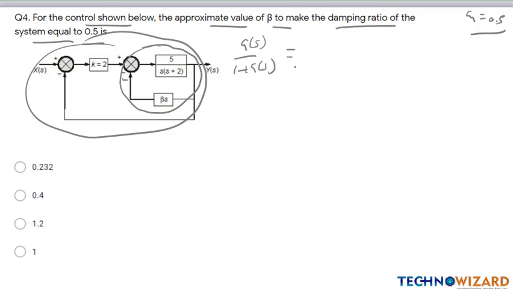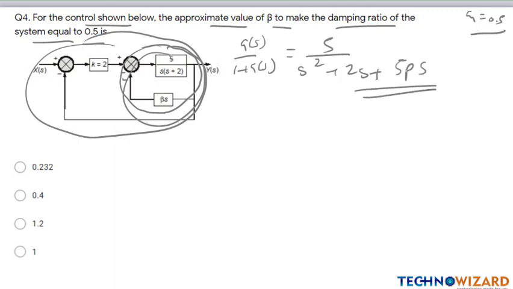From here, on calculating the closed loop transfer function, we will get 5 upon s square plus 2s plus 5 beta s. Okay, 5 beta s. We will get this as transfer function.